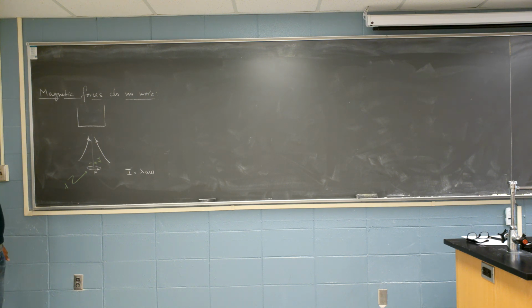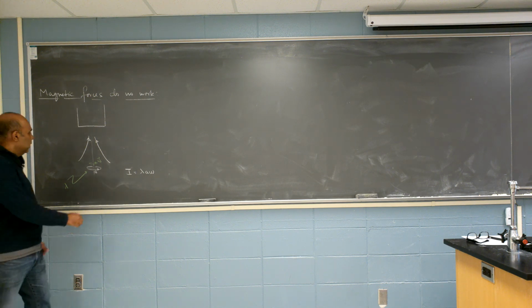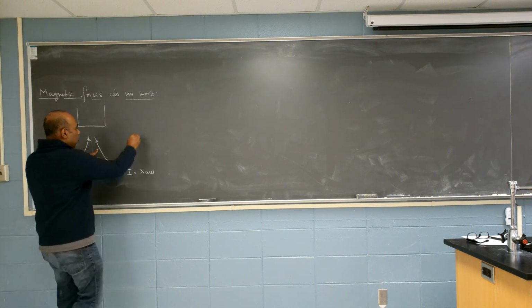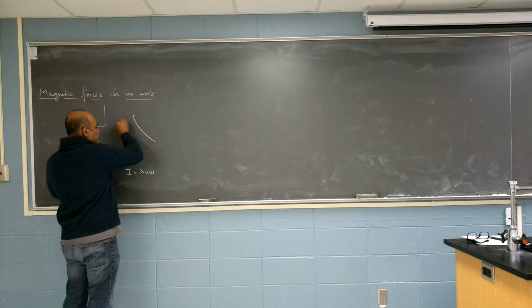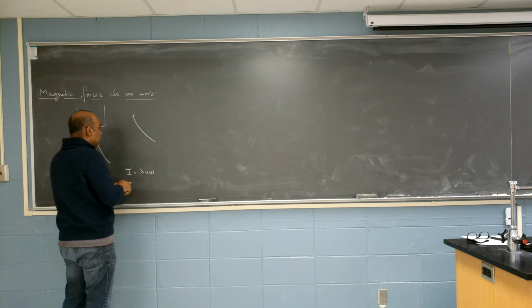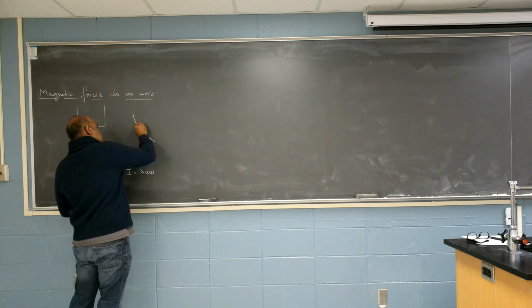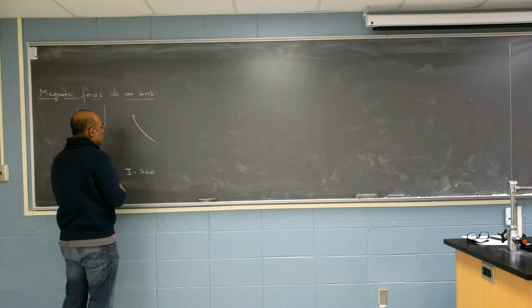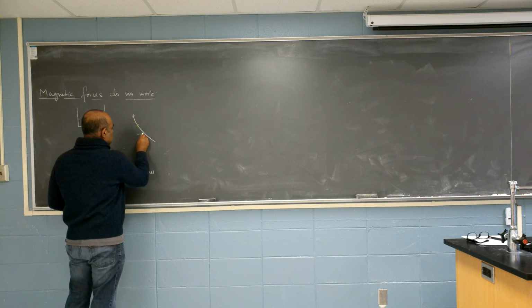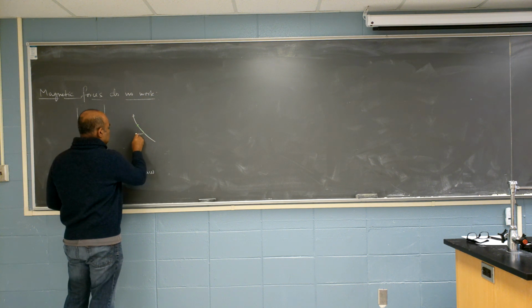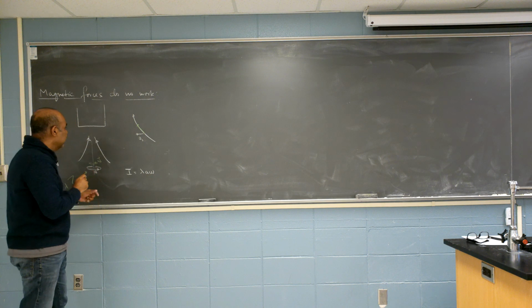So the magnetic field has two components. I'm going to take this and just draw it here so you can see the exaggerated effect, okay? This magnetic field over here will have two components. This is the S component of the magnetic field.